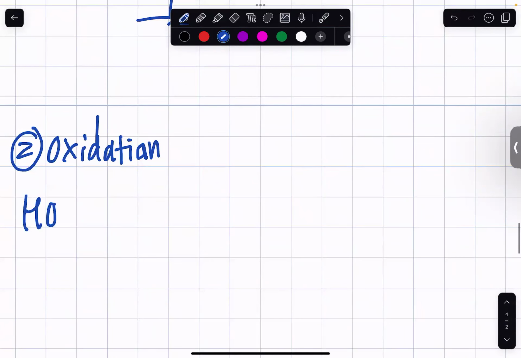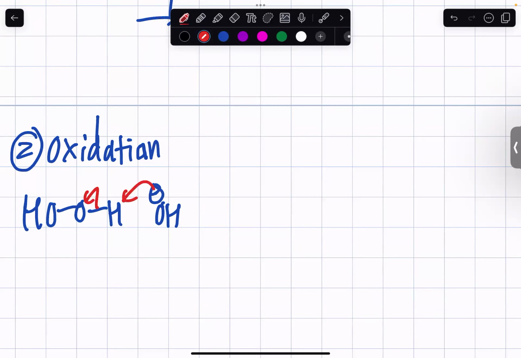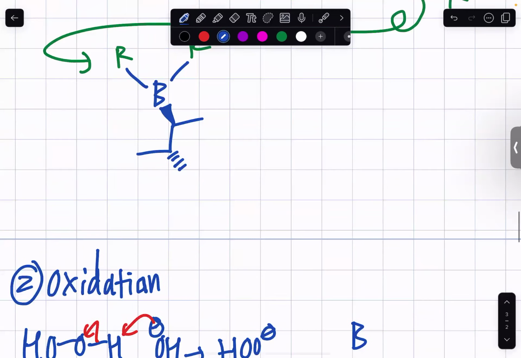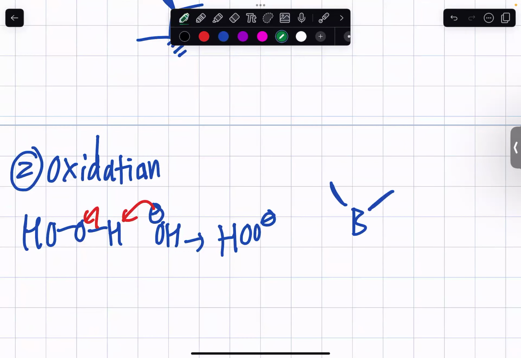So this is hydrogen peroxide here. We're going to bring in our NaOH, OH minus, to deprotonate this hydrogen peroxide and give us this conjugate base here, where that HOO minus is going to now attack the BR3 group that we made in the first step.